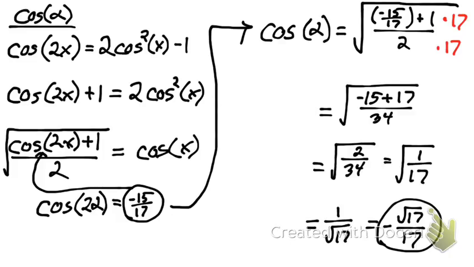Yes? When it became negative radical 17 over 17, did that negative come in there, or did it come in the step before, when we changed radical 1 over 17 to this 1 over radical? As soon as it's negative, it's been negative its entire life.